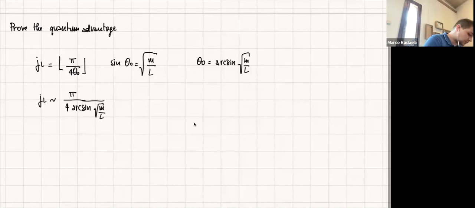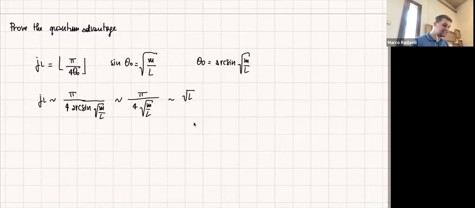If L is sufficiently large, the arcsine approximates to its argument, so if the argument is small enough, what we get scales like the square root of L.